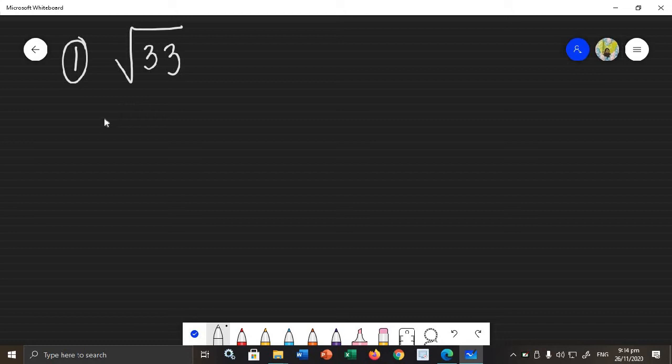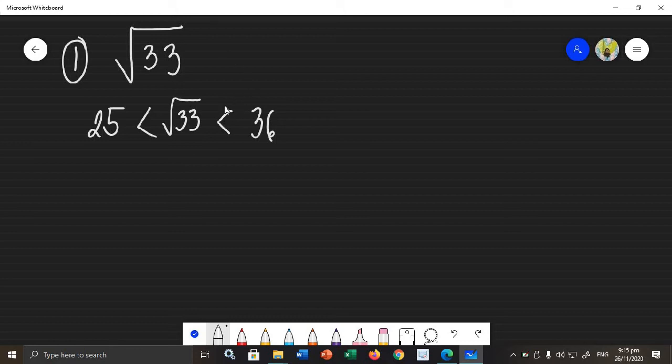So, in this case, 25 and 36. Kasi dito, mapupunta sa gitna si 33 if we will choose 25 and 36. So, we have square root of 25 is less than square root of 33 and square root of 33 is less than square root of 36. Okay, we have now this.